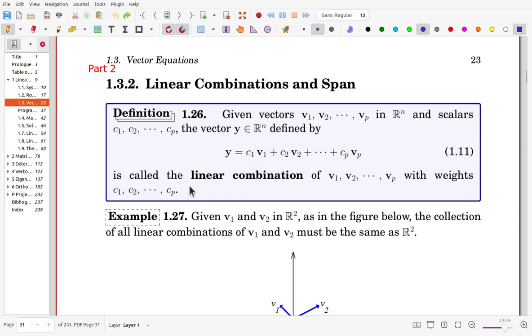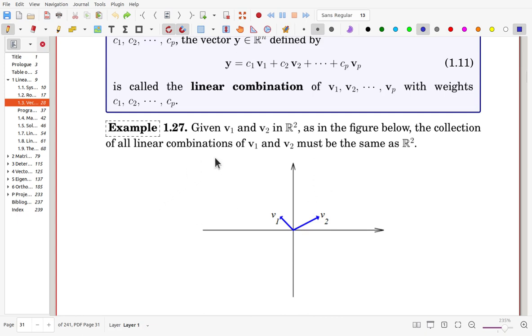Then it is called the linear combination of V1 to Vp with weights C1 to Cp. That means that the weighted sum of vectors is called the linear combination of the vectors. That is the definition.